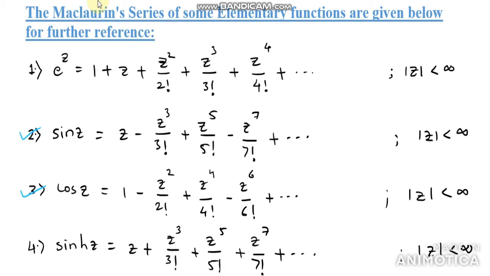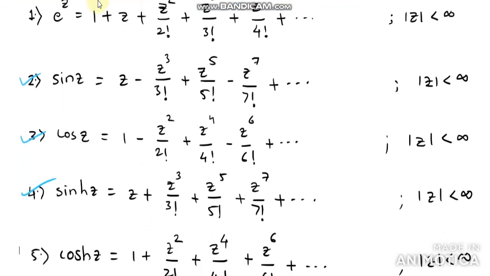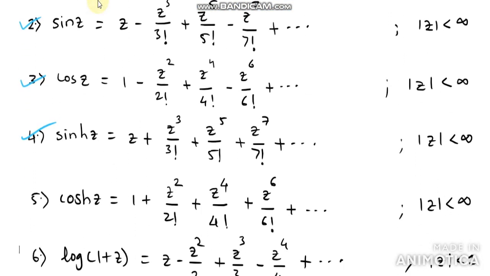Now see the fourth one. Sin hyperbolic z is equal to z plus z cube divided by 3 factorial plus z raised to 5 by 5 factorial plus z raised to 7 by 7 factorial plus and so on. This expansion is also valid for modulus of z less than infinity.